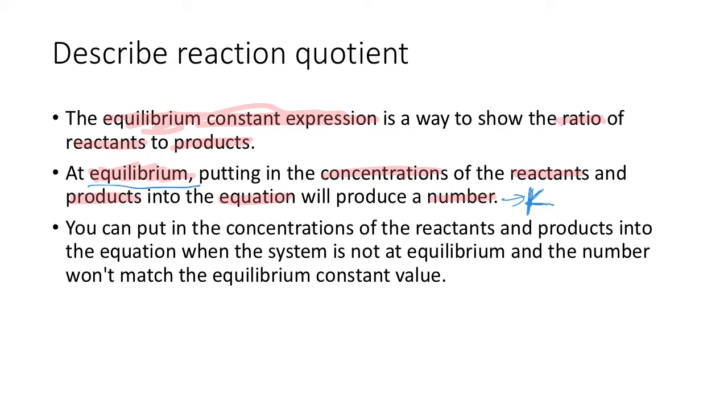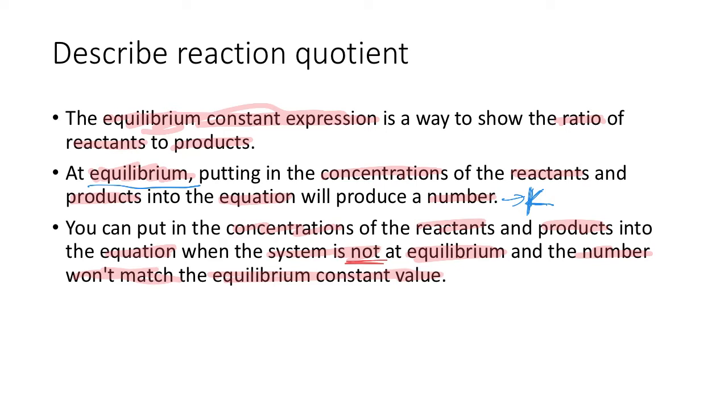However, you can put the concentrations of reactants and products into the equation when the system is not at equilibrium. If you take a time when the system is not at equilibrium and put in the concentrations of all of the stuff, the number that you get will not match the equilibrium constant value.